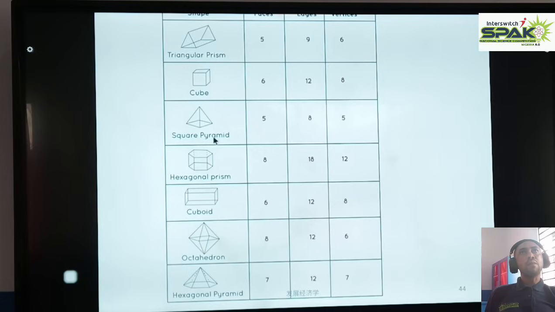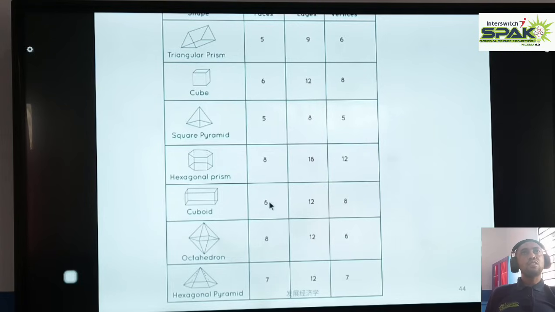A square pyramid has 5 faces, 8 edges, and 5 vertices. A hexagonal prism has 8 faces, 18 edges, and 12 vertices.